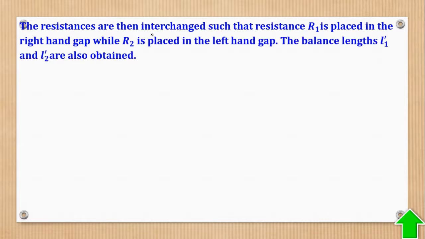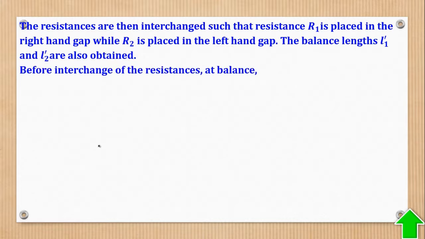The resistances are then interchanged such that R1 is placed in the right hand gap while R2 is placed in the left hand gap. The new balanced lengths L1 prime and L2 prime are also obtained.